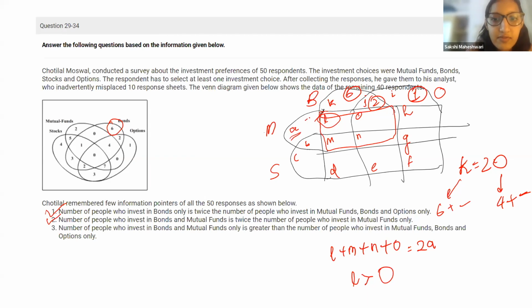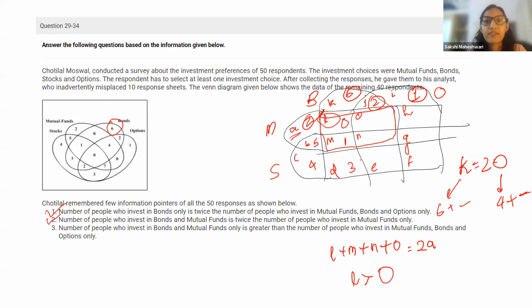So mutual funds only, mutual funds and stocks, this is 5, this is 4. When we go through bonds, this is 6, this is 0, this is 1, and this is 3. Are you guys able to understand my handwriting? Just let me know if there are any issues.